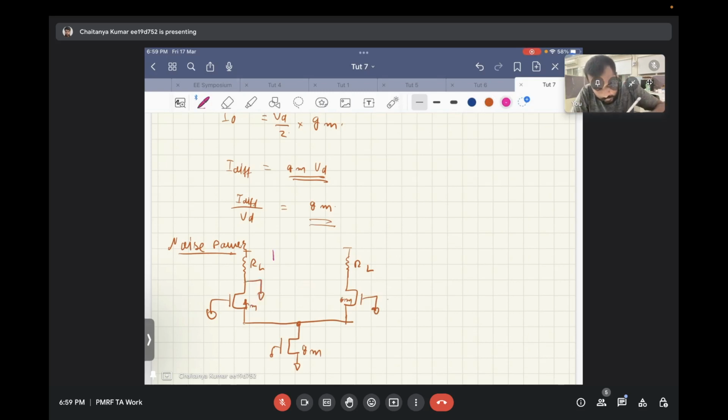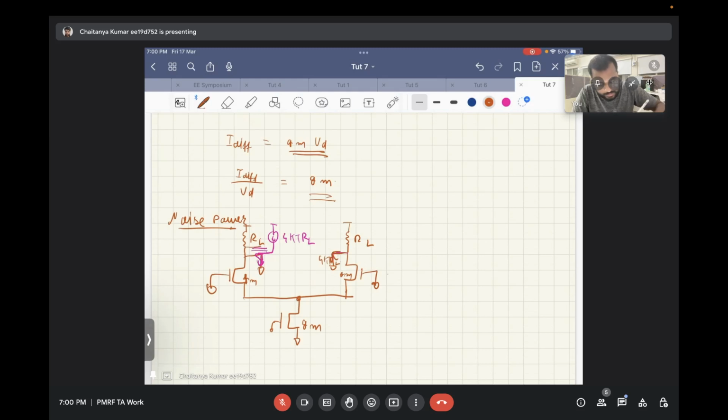So noise due to this RL resistor will completely flow again into this short circuit. So from here, there will be 4 kT by RL flowing in this node, and in the opposite node again there will be 4 kT by RL. Now since this resistor and this resistor are independent of each other, the noise that these two will be producing will be uncorrelated.